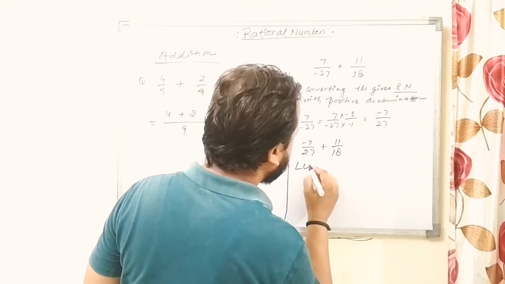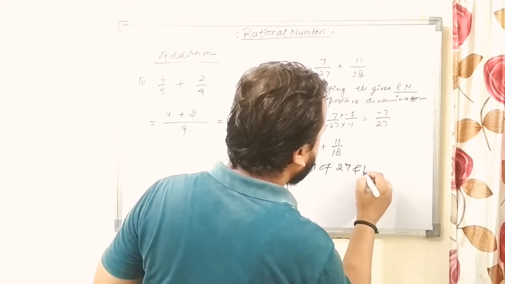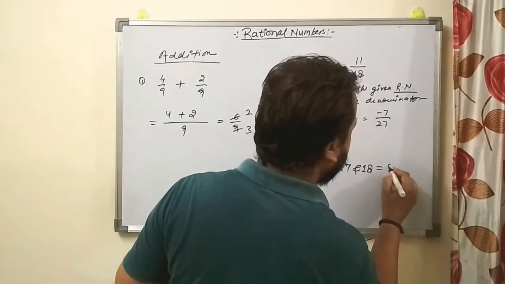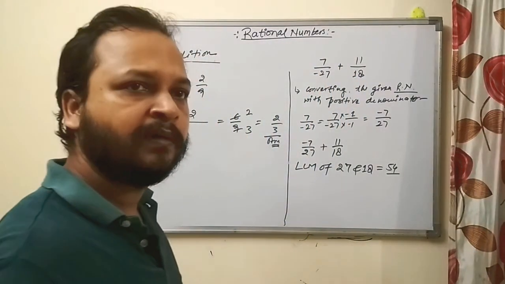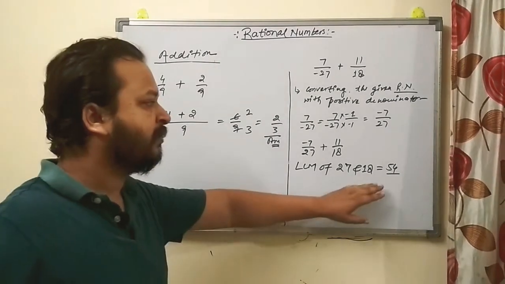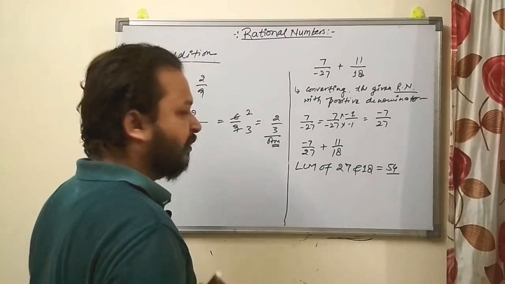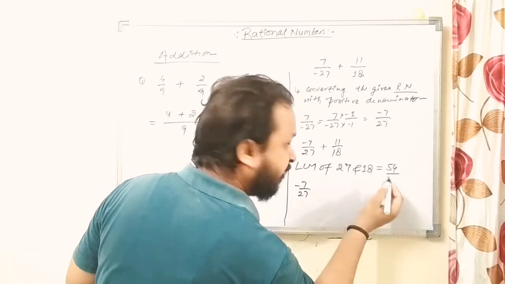Just take the LCM of 27 and 18 and that equals 54. So minus 7 by 27, just convert it into 54.